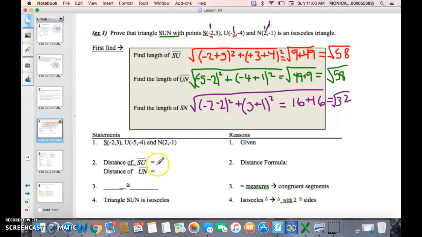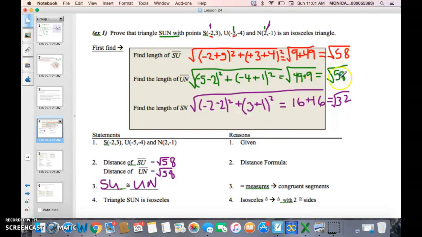Okay, so the distance of SU was the square root of 58, and the distance of UN was also the square root of 58. So using the distance formula, I can prove that those two are congruent. So I can say here that SU is congruent to UN, and the reasoning is equal measures equal segments.